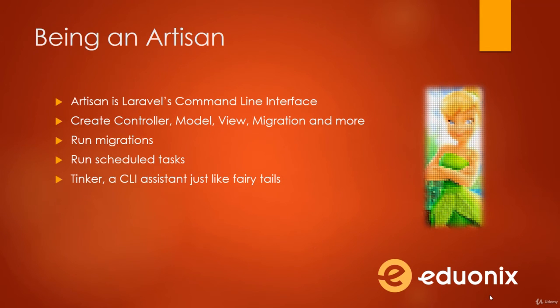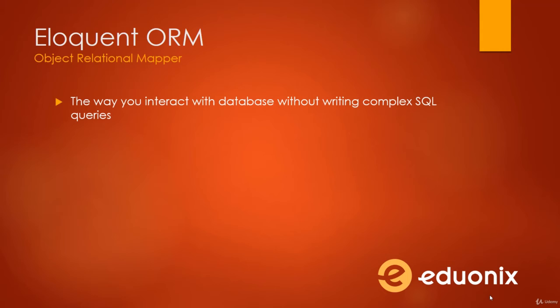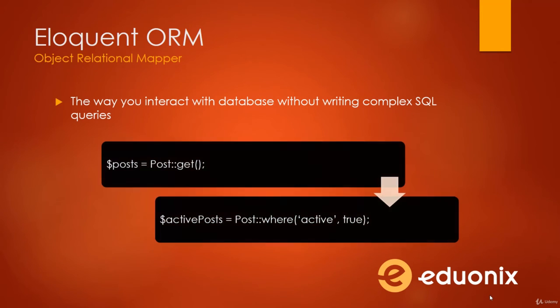Okay, so then we have Eloquent. Eloquent ORM is Object Relational Mapper, the way you interact with database without writing complex SQL queries. For example, let's say we have a posts table and we want to retrieve all of our posts, so we should write $posts = Post::get(), and in this way we will get all of our posts.